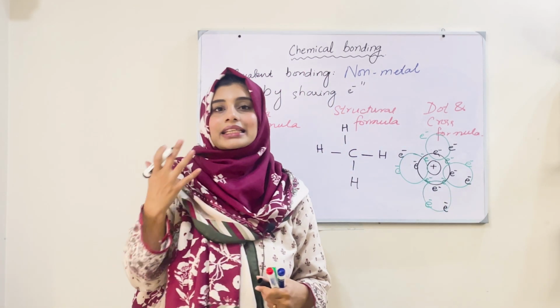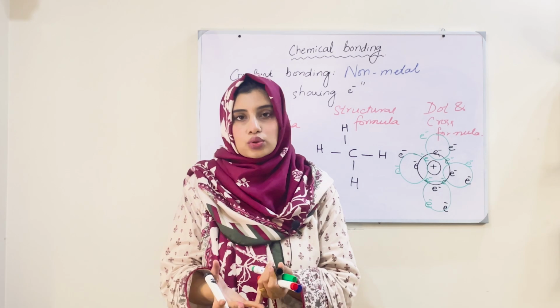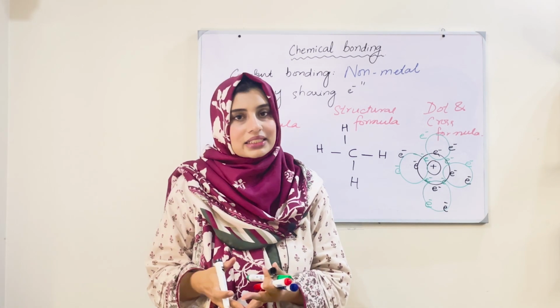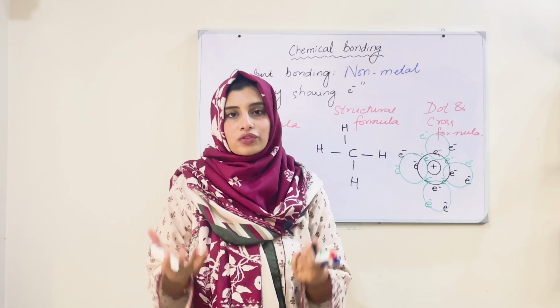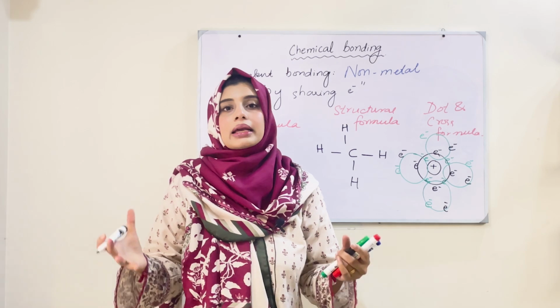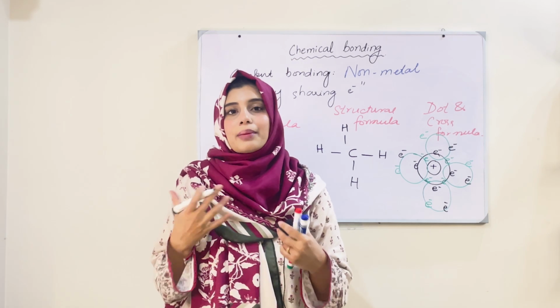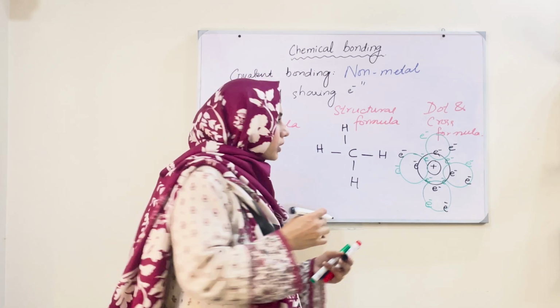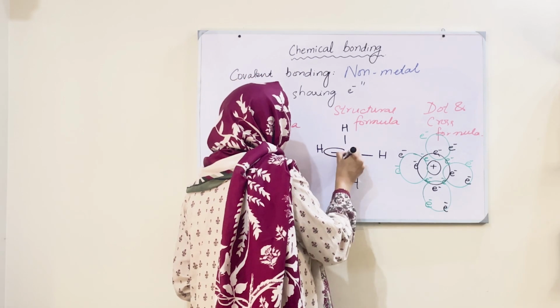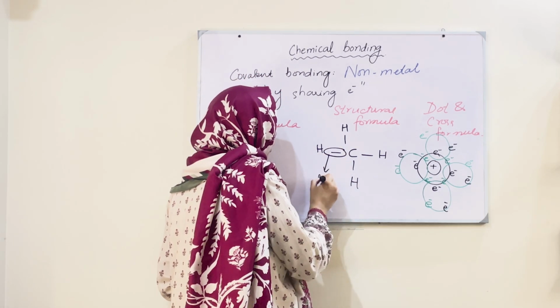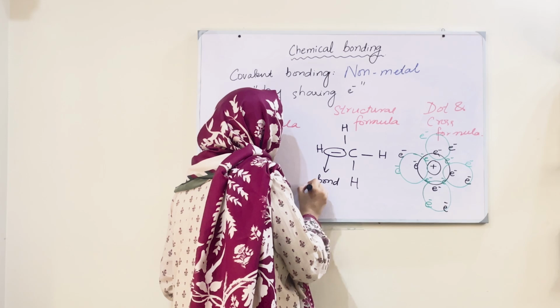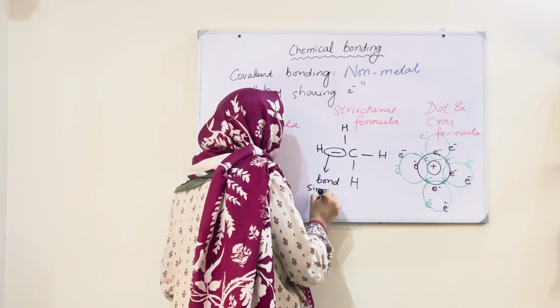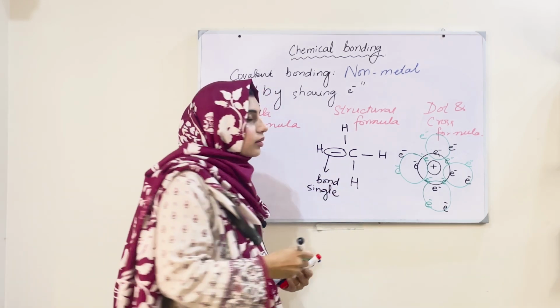It is clear that hydrogen has 2 electrons now, and carbon has 8 electrons now. Both of these elements are combined together, and by combining they are stable now by forming covalent bonds. This particular line is known as a bond, and this is a single line, so that means it is a single covalent bond.